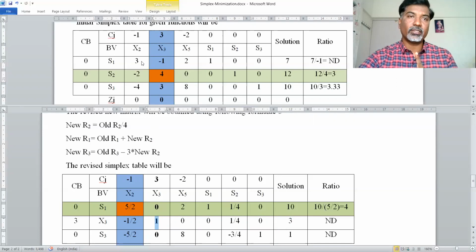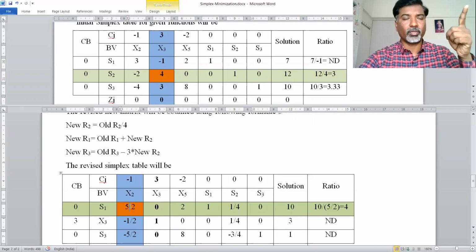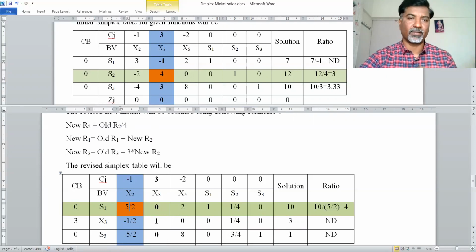So here, what is the value of x2? 3. What is the value of x3 here? -1 by 2. So 3 plus -1 by 2, we will get 5 by 2. You have to do multiplication: 3 times 2 is 6, 6 minus 1, 5. 5 by 2 is the answer.